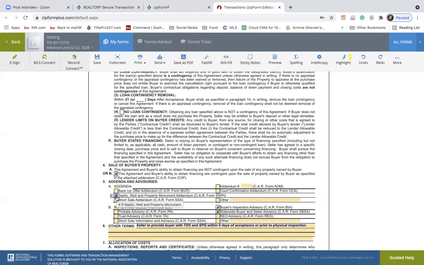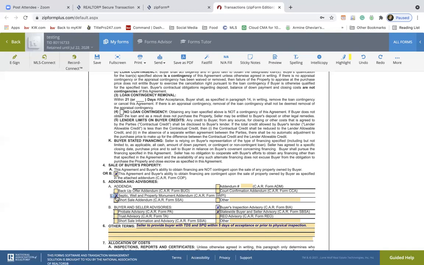I am bringing this to your attention that if you are in the Santa Clarita area, or like I said, Sunland, Tujunga, La Cañada, and if there is septic, you need to have the septic inspection as part of the inspection and be familiar with that form.